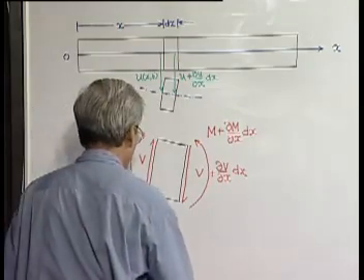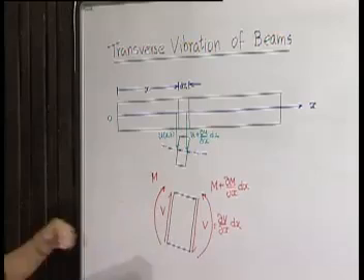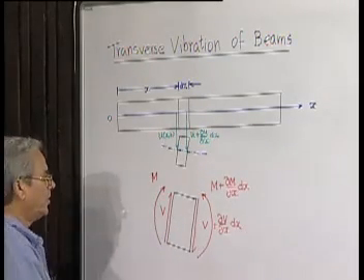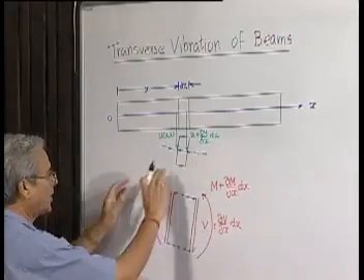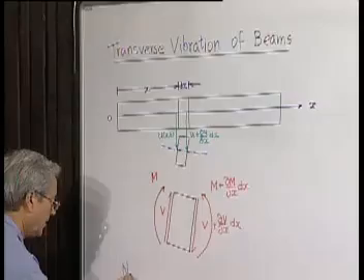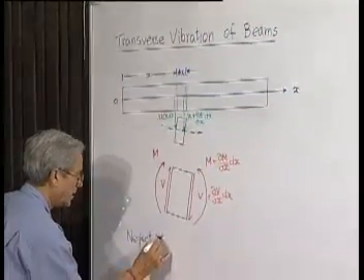Now let us consider the relationships between various quantities. First of all, you see that for the total moment we neglect rotary inertia.